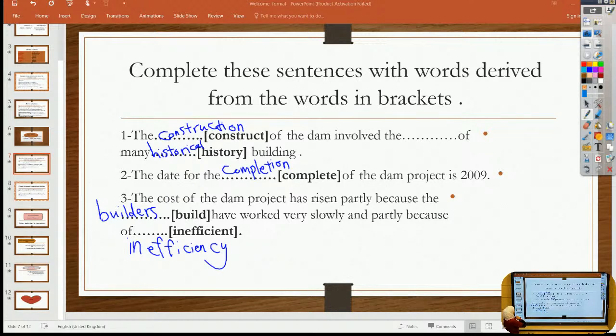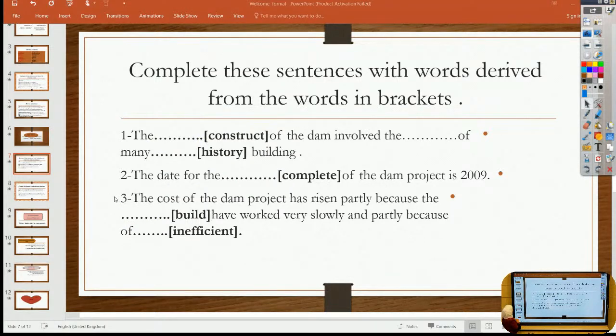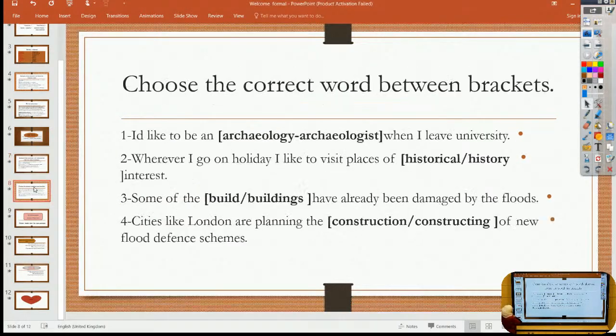Okay, here also I advise my students, if it is not a translation, we also have at the final exam a question: choose the correct word between brackets.